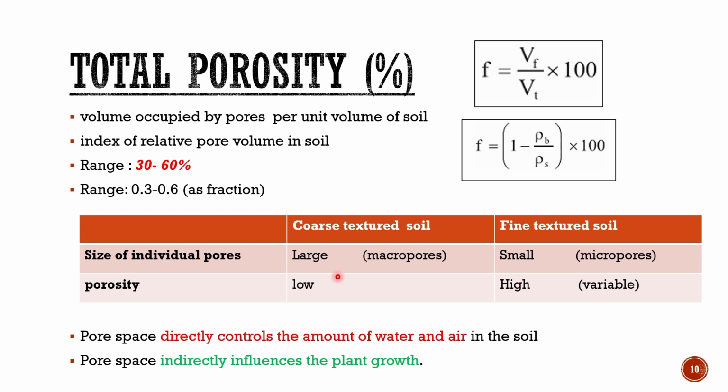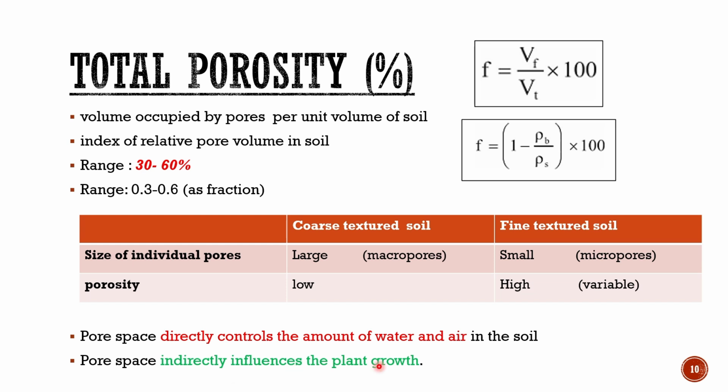We also know that pore space directly controls the amount of water and air in the soil. Micropores retain water while macropores allow the movement of water through them and also facilitate aeration. Hence the pore space indirectly influences plant growth also.